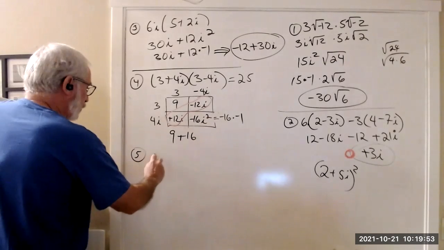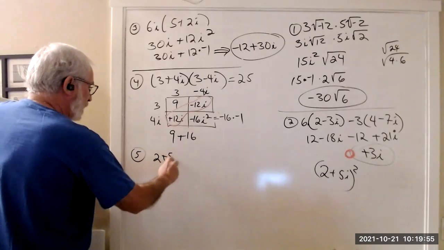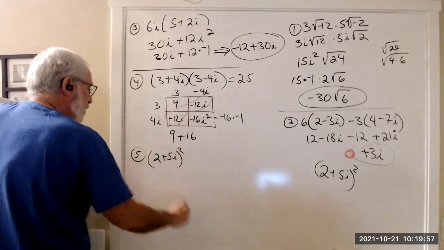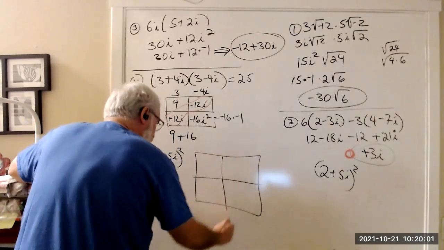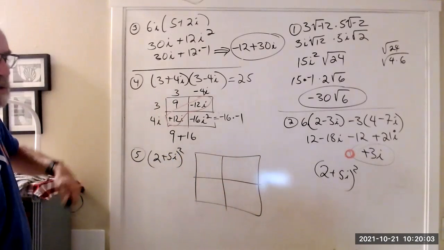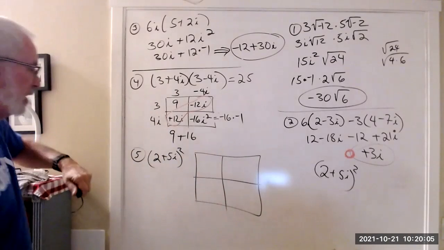2 plus 5i quantity squared. Build a matrix. Again, if you use FOIL or another system to multiply these, that's okay. I don't care.